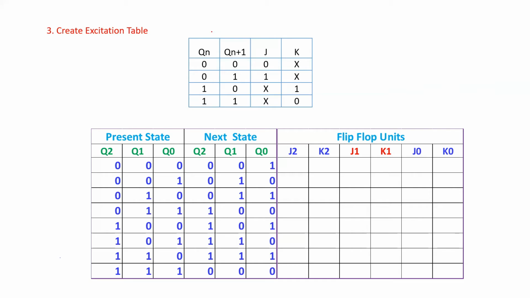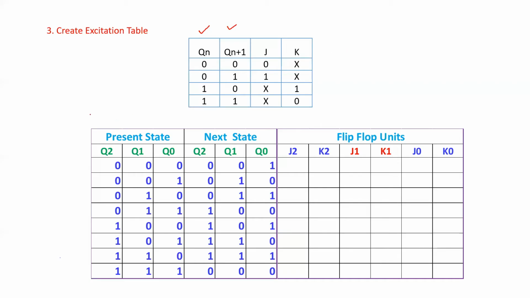You are just noting down the present state and next state. This is your excitation table. It shows that when the state changes from one state to another, what input combination is required, or what combination actually forces this conversion to happen.